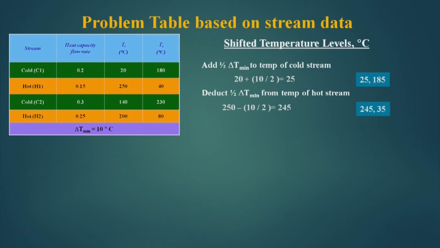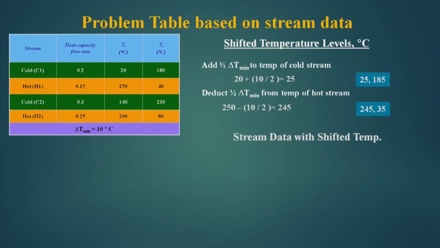So, the supply temperature of H1 is now 245 degree, and similarly, the target temperature, which is 40, now becomes 35. So, when we convert the actual temperature of H1 to shifted temperature levels, they become 245 and 35.